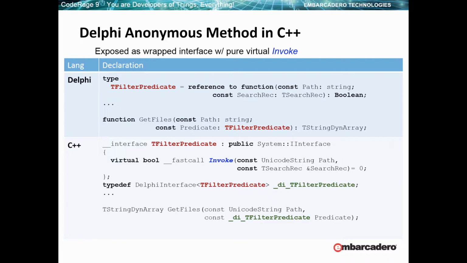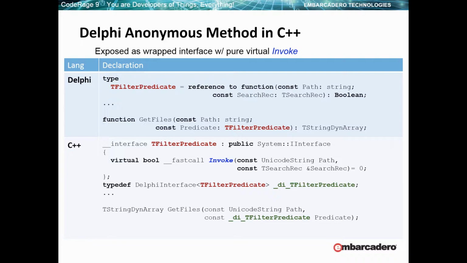Behind the scenes, when you create an anonymous method, the Delphi compiler is actually creating a class. And in that class, there's a method, a member called Invoke. And that class implements a particular interface. And that interface is actually the anonymous method. It's the interface that manages the lifetime of that class that was created.